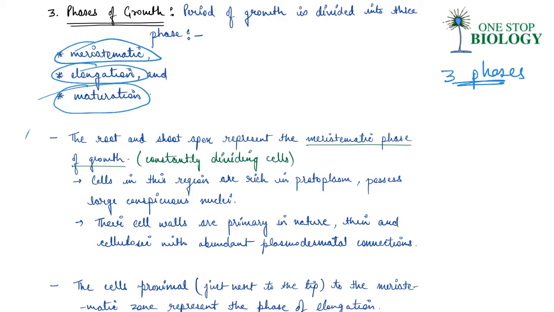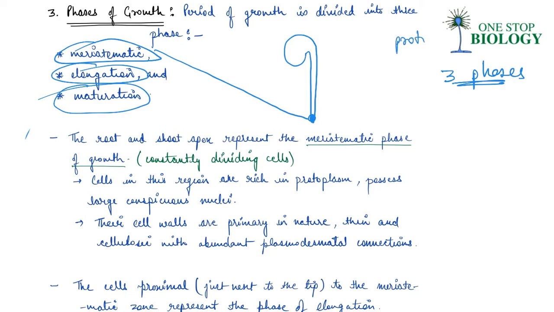So let's just imagine this is the seed, this is the root part. This tip will be the apex and this will represent the meristematic phase. Here the cells will always keep on dividing. These cells are rich in protoplasm.